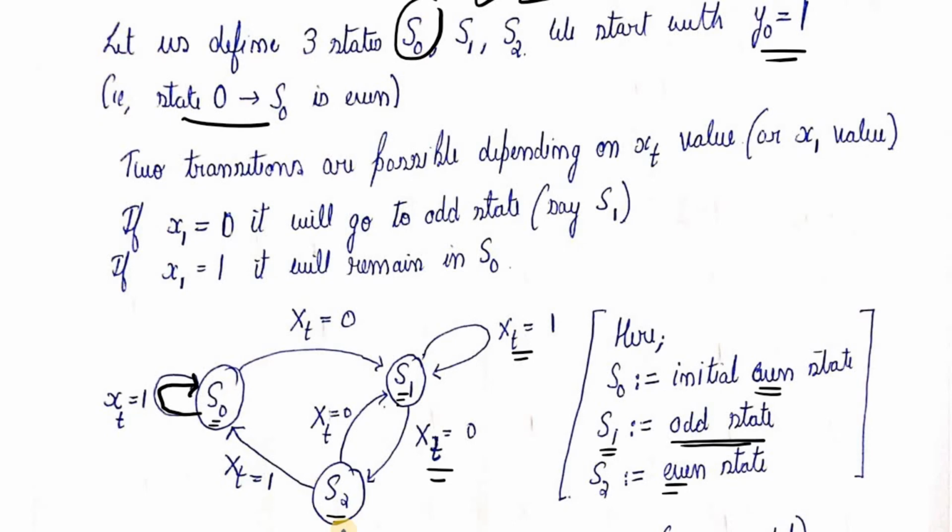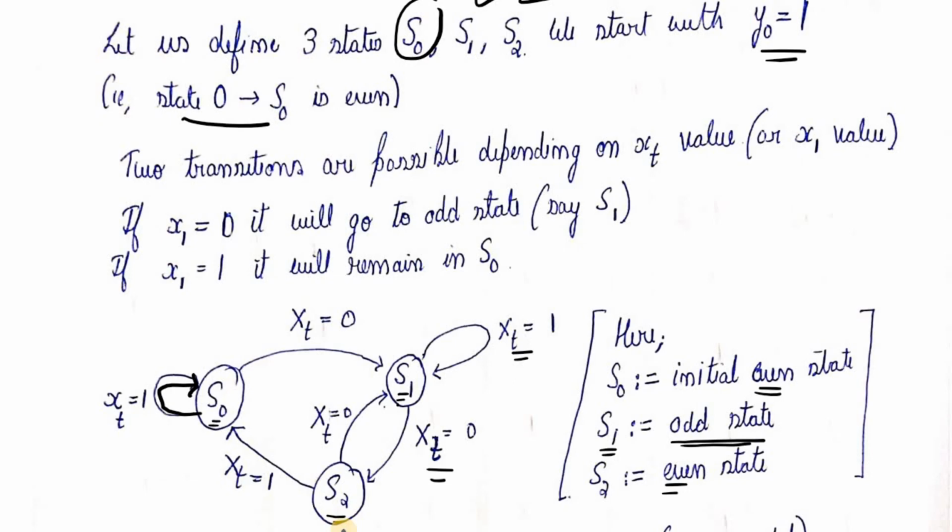Now, if we are at state 2, we have an even number of zeros. Addition of 0 will push it back to the odd state, like S1. Now, if I add 1 to it, like if I am already at an even state and I add 1, I will come back exactly to where I was previously.